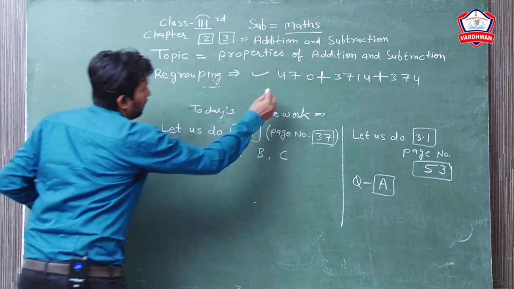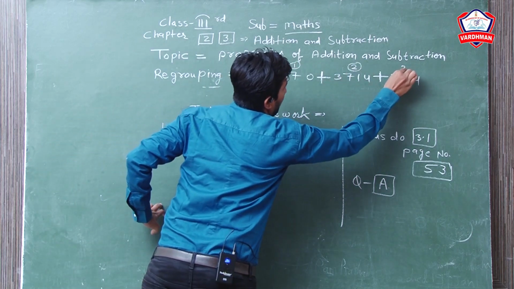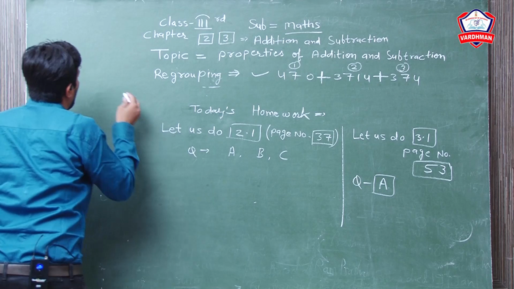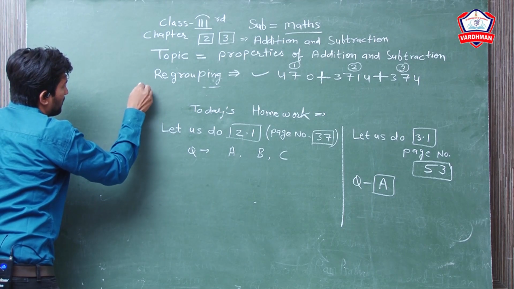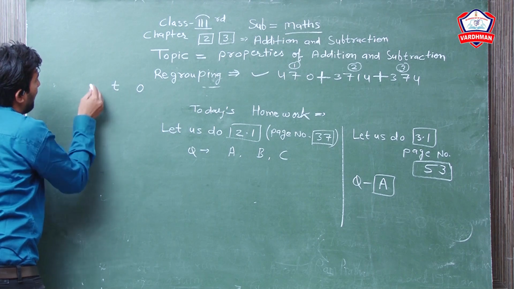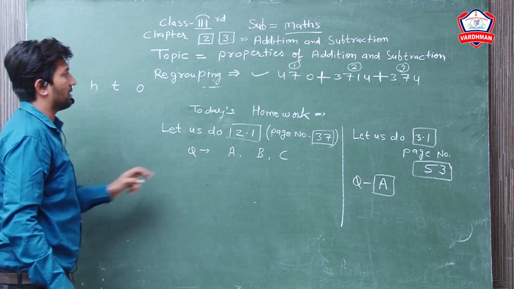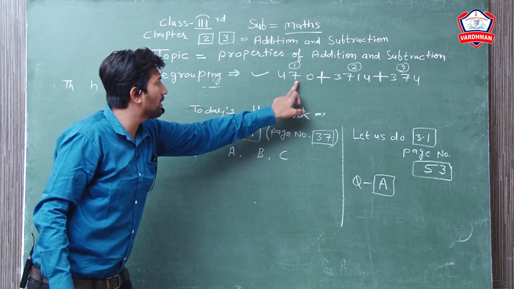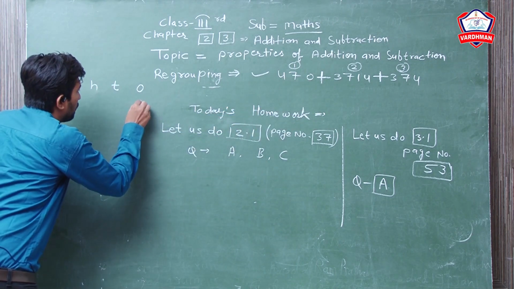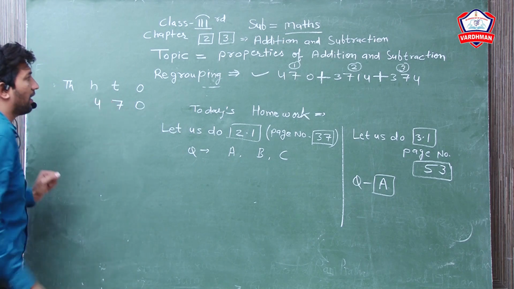Like your first number is here, second number, third number. You can make an abacus scale. Your first is the ones part, second is tens part, third is hundreds part and fourth is thousands part. First, 470: 0 in ones, 7 in tens and 4 in hundreds.